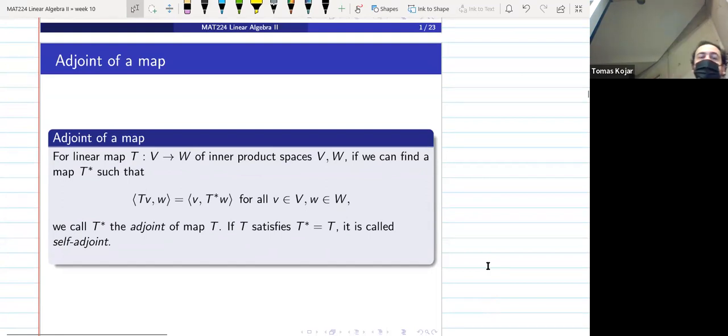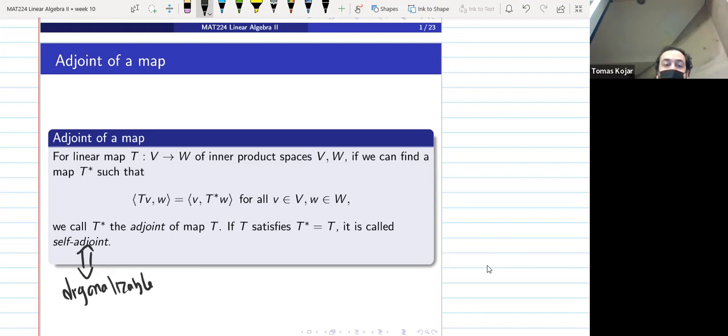The one we care about is called self-adjoint. When T is equal to T star, we're going to prove that this is the same as being diagonalizable. That's basically the spectral theorem. I mean, that is the spectral theorem. Similar, you mean the change of basis?